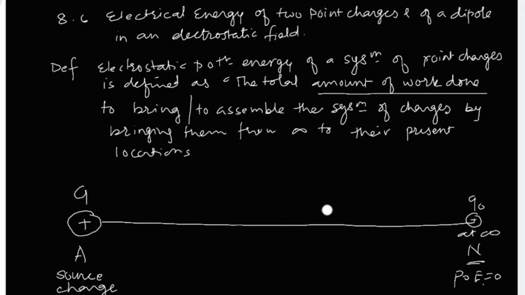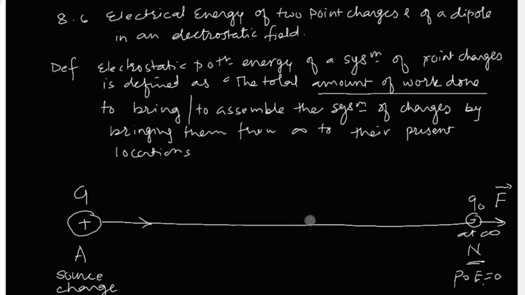What will happen when the test charge is near? There is a repulsive force between them. What is the direction of the repulsive force? It will be away from the source charge, so this will be the direction of the force.